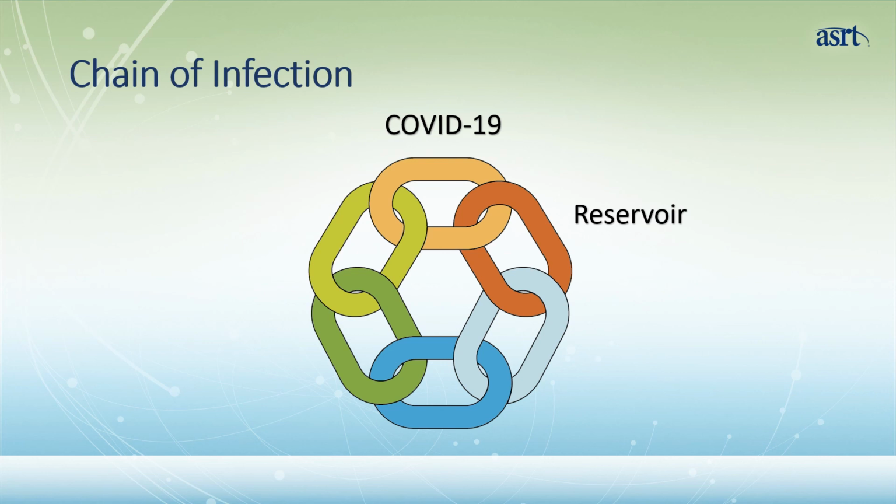The human body is a common reservoir because it is warm, has a constant temperature, and has several viable portals for entry and exit. In the case of COVID-19, the respiratory system, specifically the nose and the mouth, are the primary portal of exit. After exiting the reservoir, the infectious agent requires a mode of transmission.